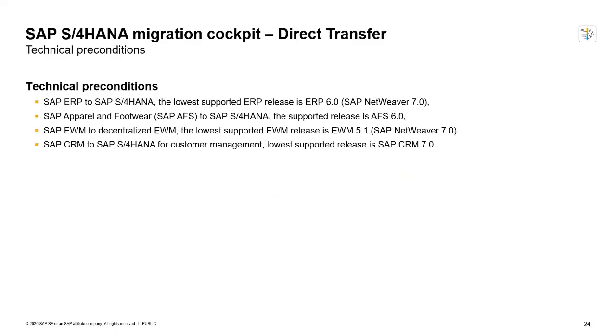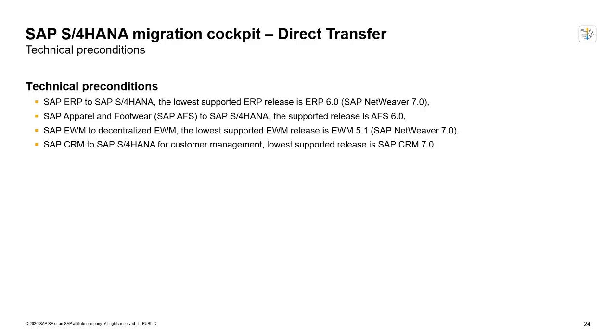There are some technical preconditions worth mentioning. First of all, you can migrate data from SAP ERP to SAP S4HANA system, but the lowest supported ERP release is ERP 6.0. The lowest supported release for SAP Apparel and Footwear is 6.0 release.